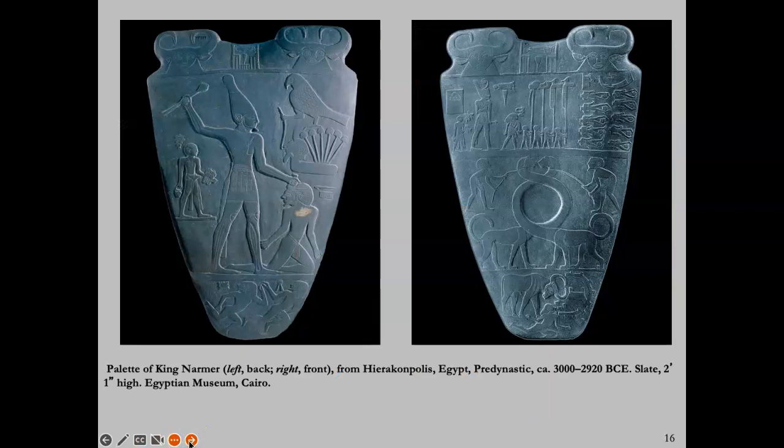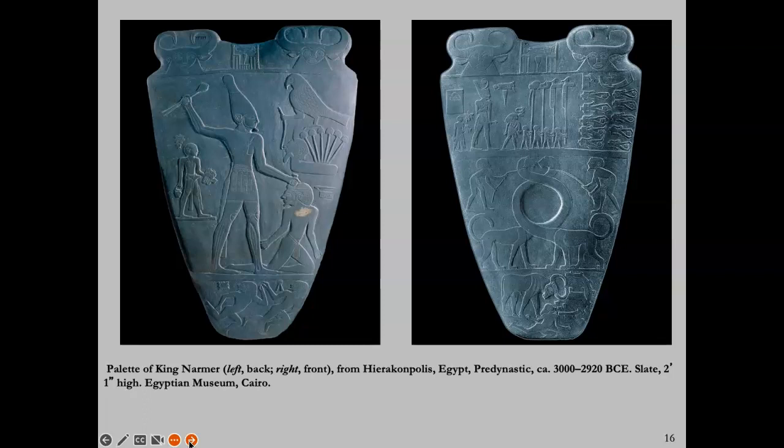It was once thought that it represented the events leading to the unification of Upper and Lower Egypt, but we now think it might be more complicated, in that it really commemorates a long process of unification that might have happened over several hundred years. And King Narmer is symbolically shown as the person responsible for that unification.